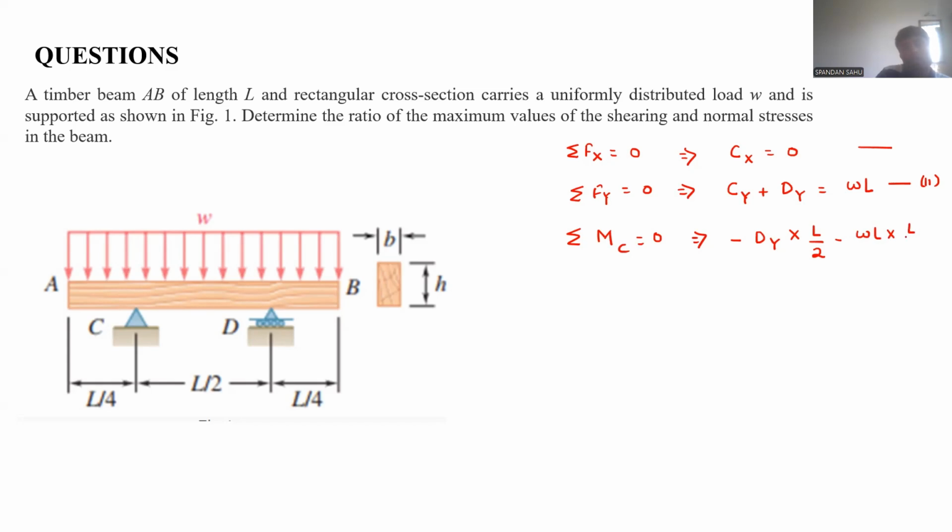Sorry, from here to here, it will be L by 4 plus L by 4. So, L by 2, that is L by 2 from the left portion A. So, L by 2 minus L by 4 will be L by 4, and that will be equal to 0.